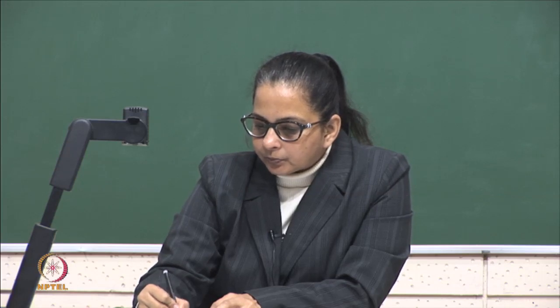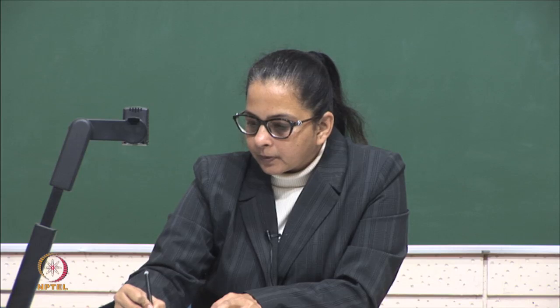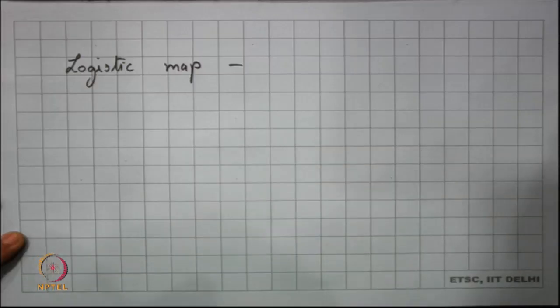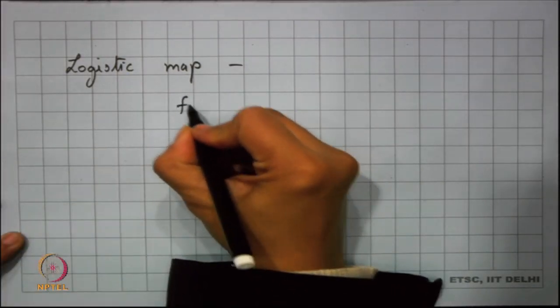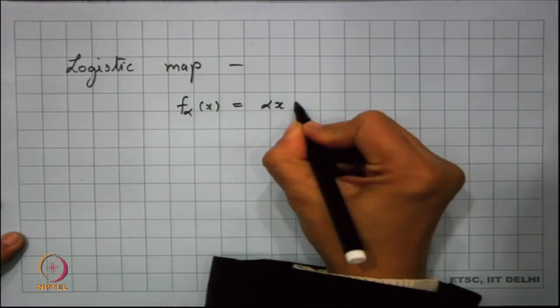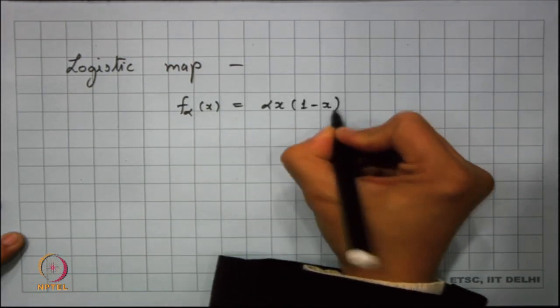So, we have the logistic map here. Once I fix the constant of proportionality alpha, I find this map to be f alpha of x equals alpha x times 1 minus x.